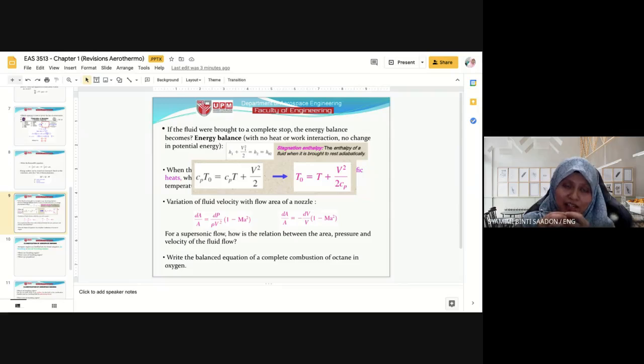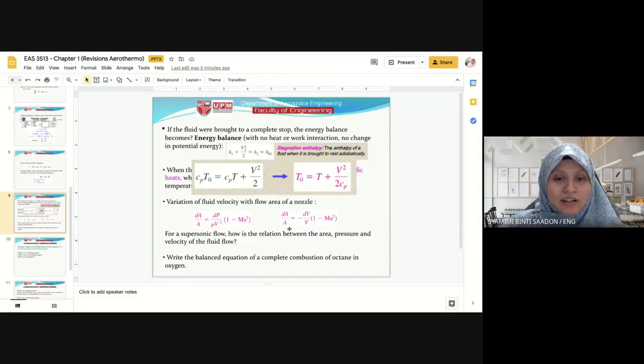In a real situation, the fluid temperature also changes a bit, so we have to take the dynamic temperature into consideration. Sometimes we just cut this off and assume it's zero, but actually there is dynamic temperature.